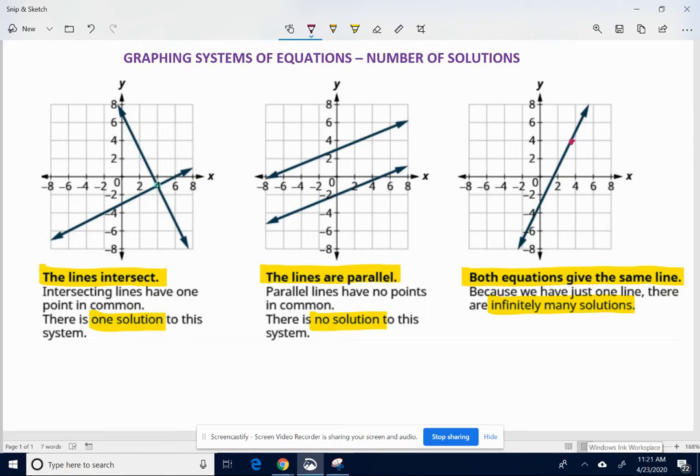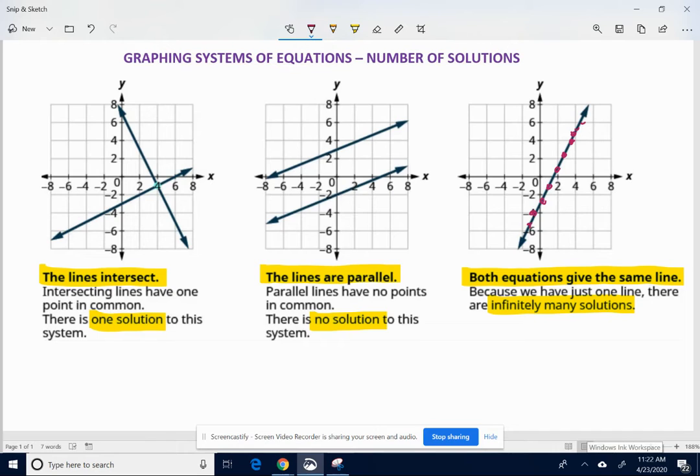Let's think about it this way. The two lines are going to intersect at this point, and this point, and this point, and this point. They're going to intersect in every single point on the common line. Remember, that line goes on forever both directions. So there's going to be infinitely many solutions.